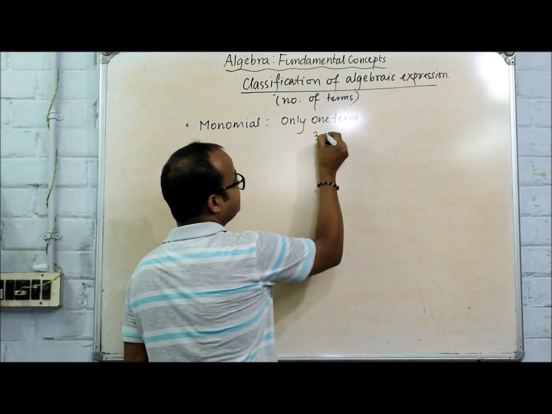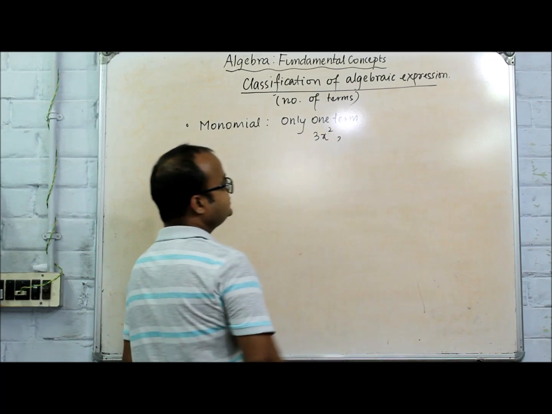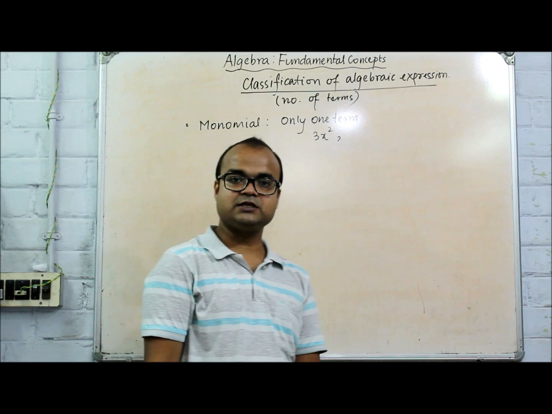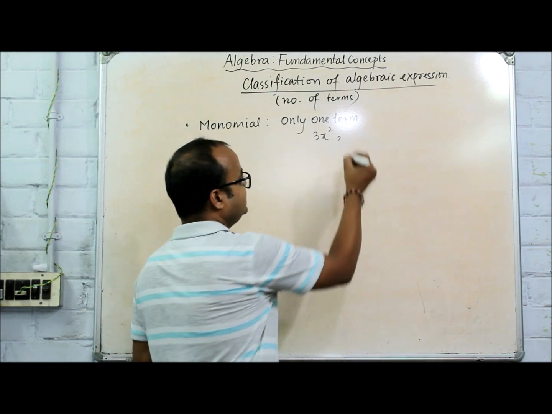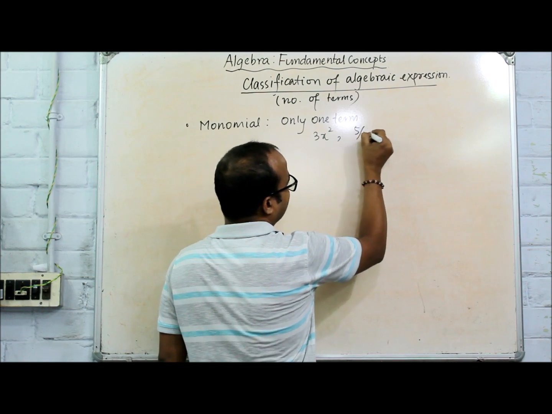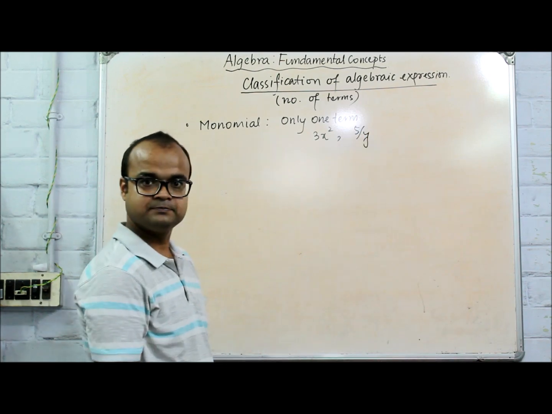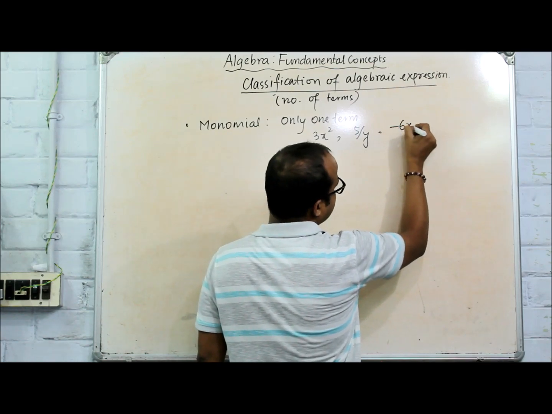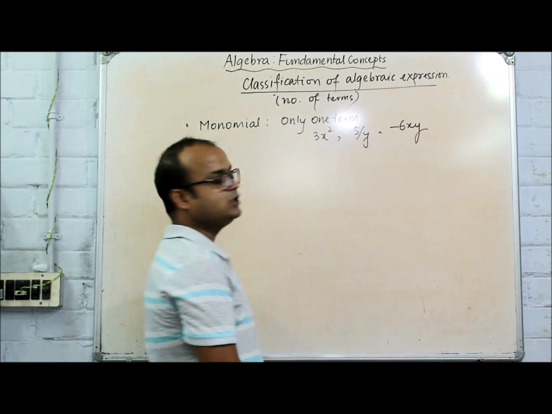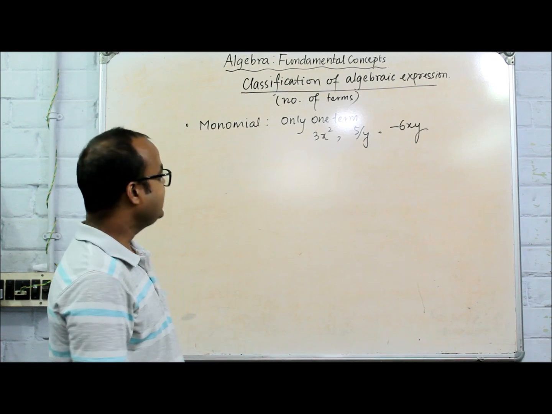Like 3x square, there is no plus sign or minus sign, so this is a monomial. 5 by y, monomial. Minus 6xy, only one term, monomial.